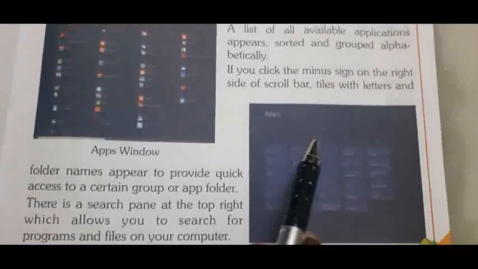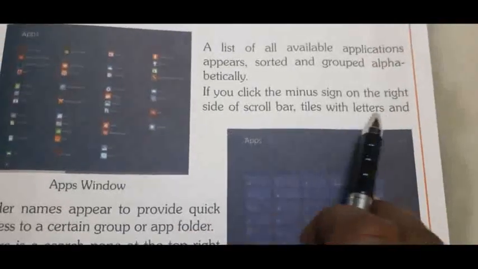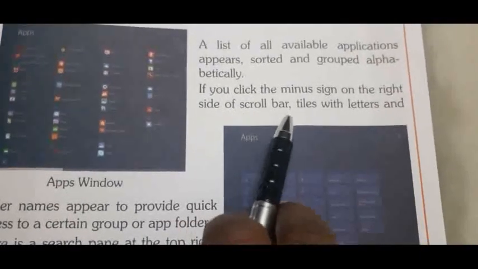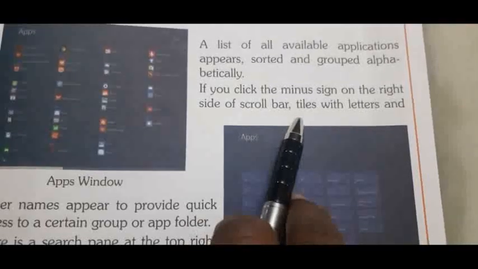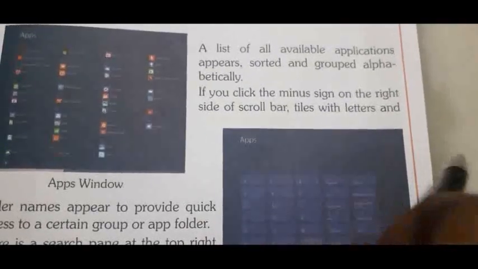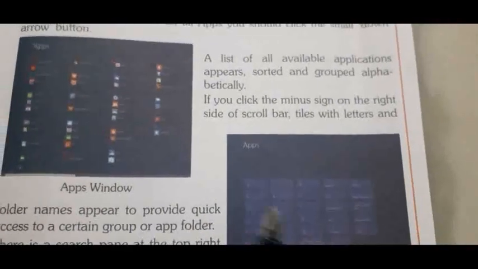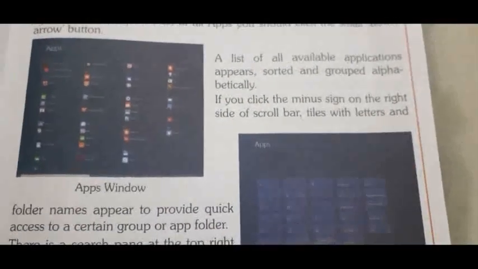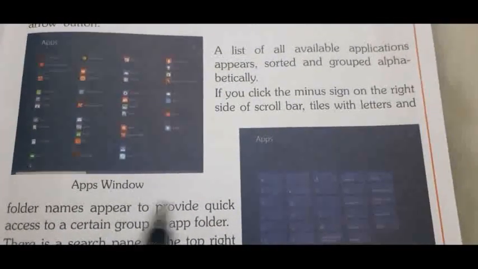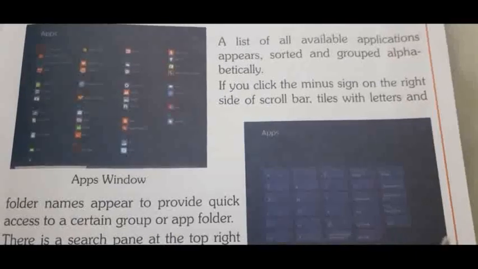Children, here if you observe on the right side of the scroll bar, we will see a minus sign. That also I said, no. If you click on that minus sign, we will see all apps with their folder names.